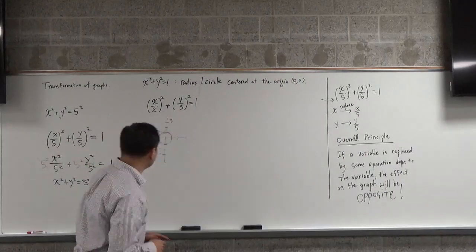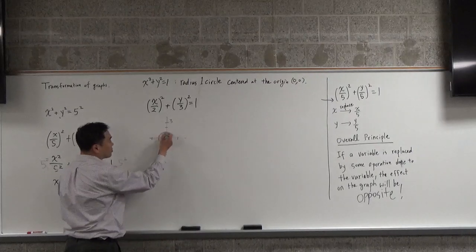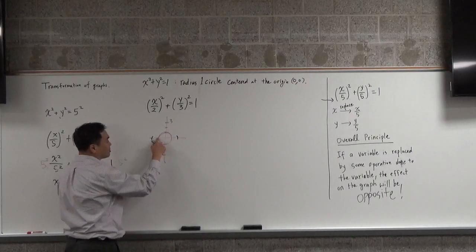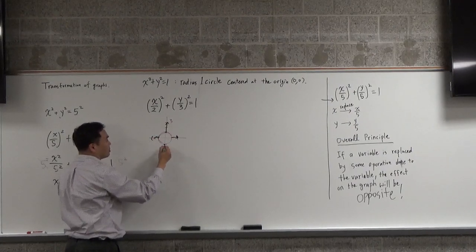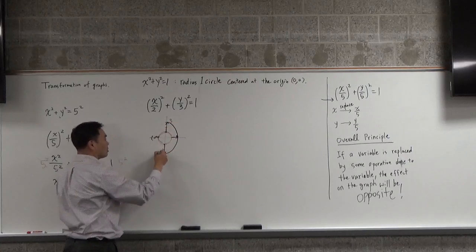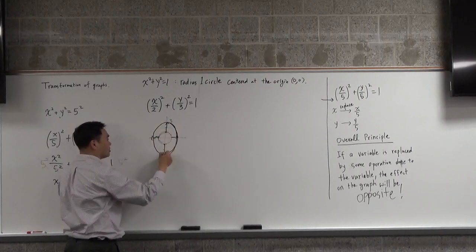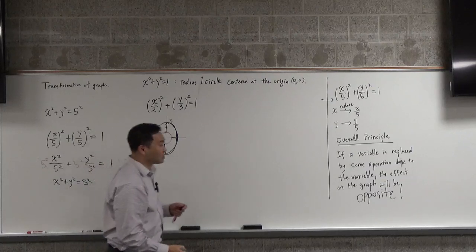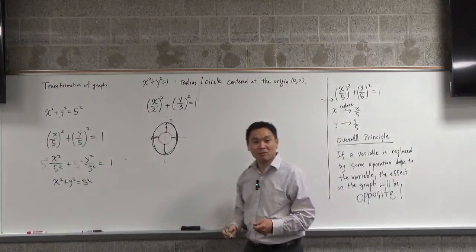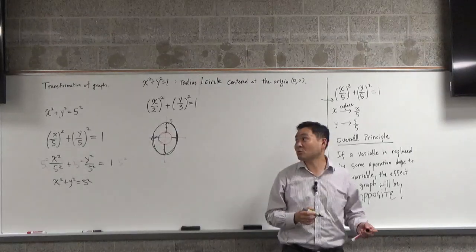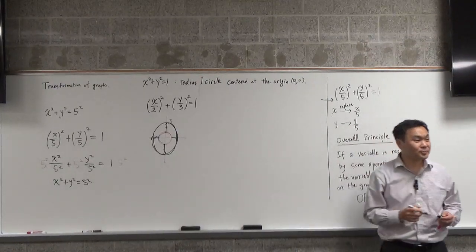The picture is going to be like this: the circle is first stretched twice, so that these 2 points are going to stretch twice, and then these points are going to stretch 3 times. So you end up with a curve that's like this, something like an oval, right? An egg or a football or something. So that's what you're going to get if the 2 numbers are different.